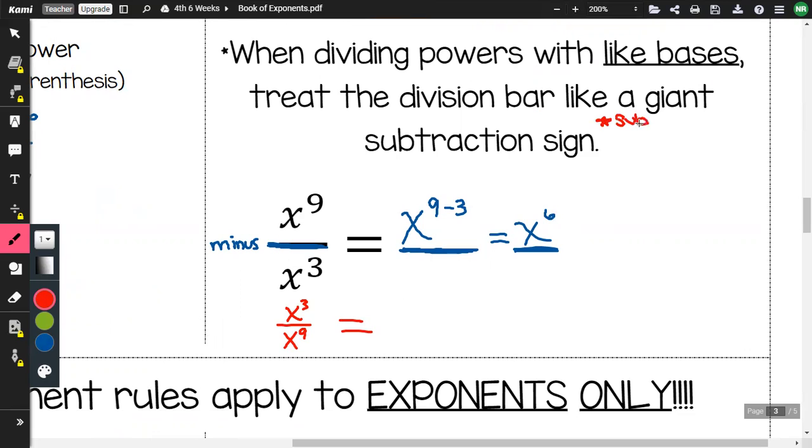Subtract first, then switch the power if it's necessary. It's always easier to subtract first. You can start off by switching. I'm not saying you cannot get the right answer that way, but most of the time, if you switch it and then subtract, you'll end up having to switch again.